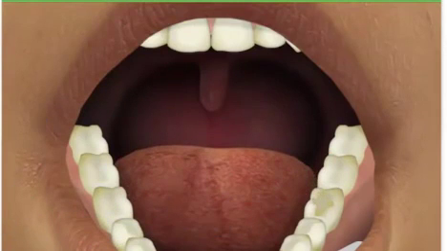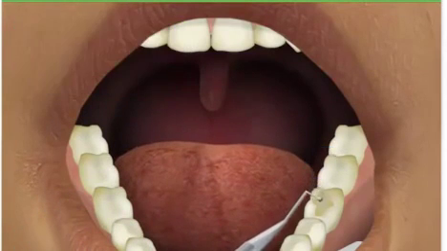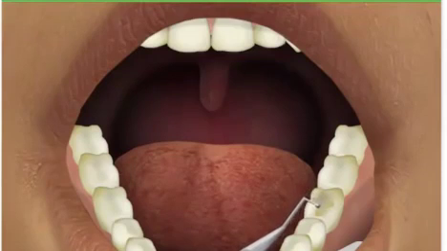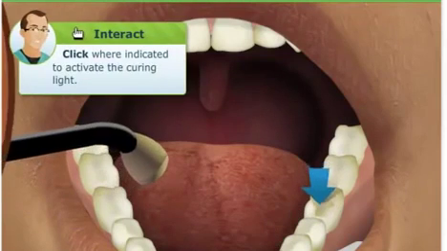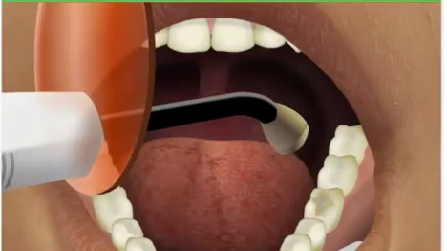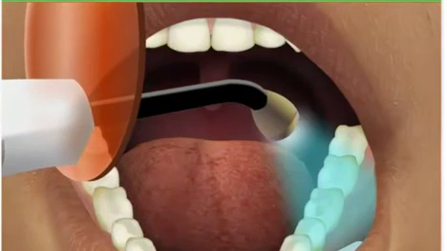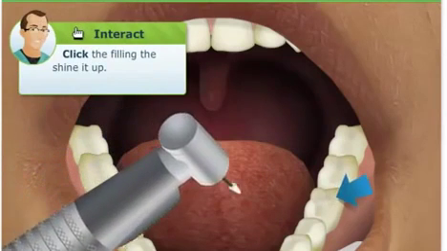Next, you'll need to smooth the filling using an instrument called a burnisher. Great! Place the curing light over the tooth and activate it to harden the material. Polish the filling using the polishing instrument.